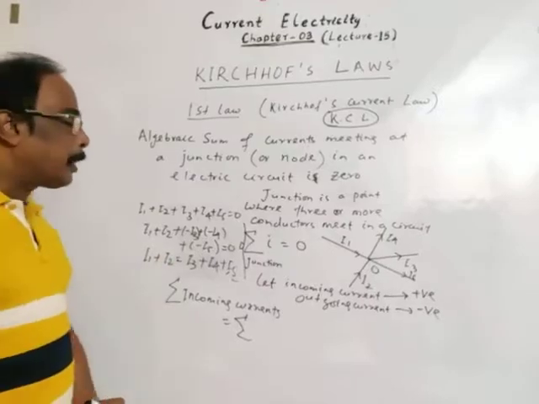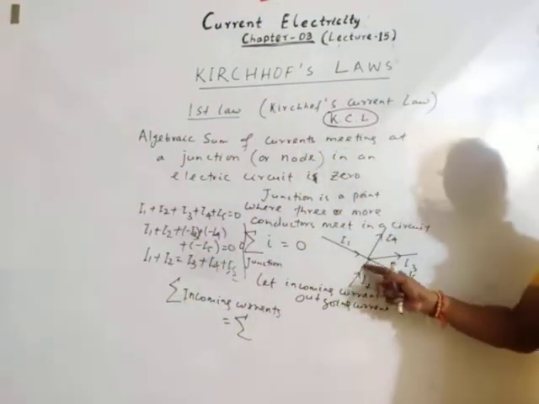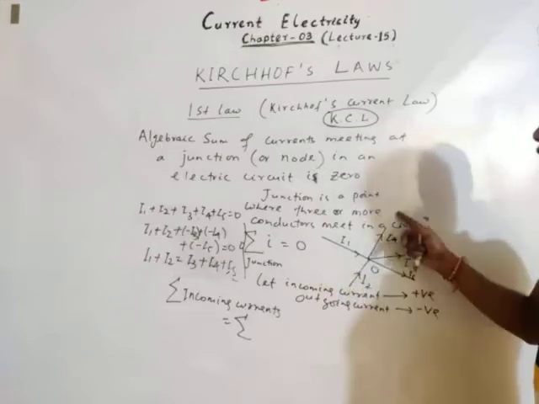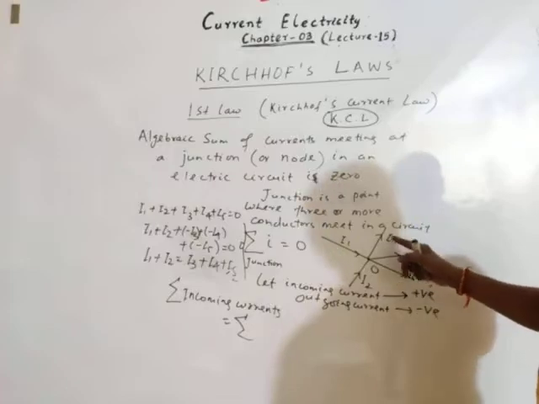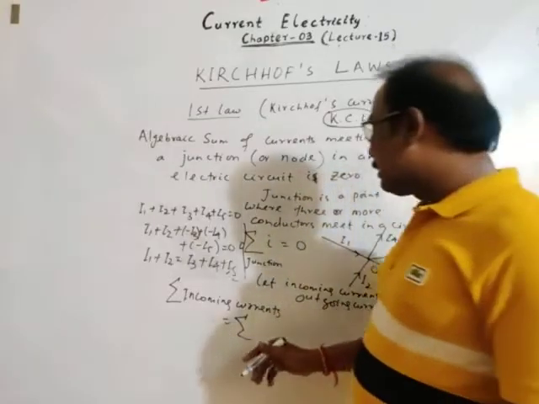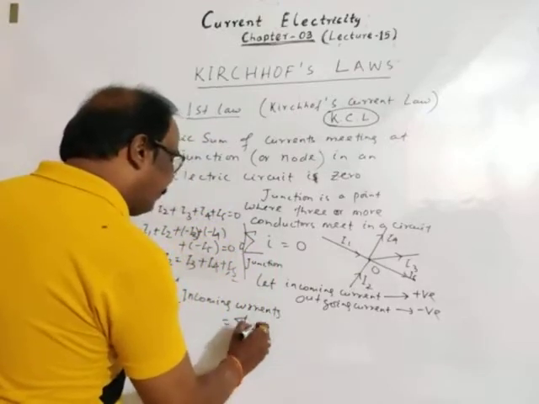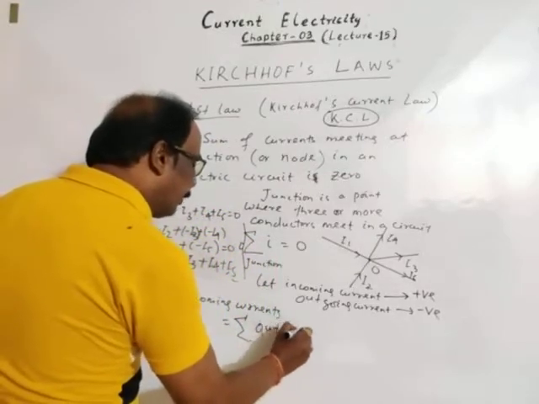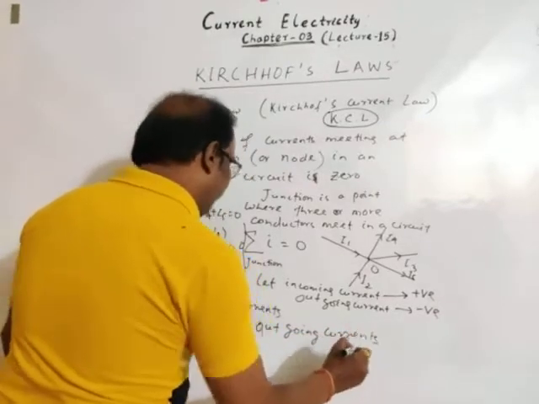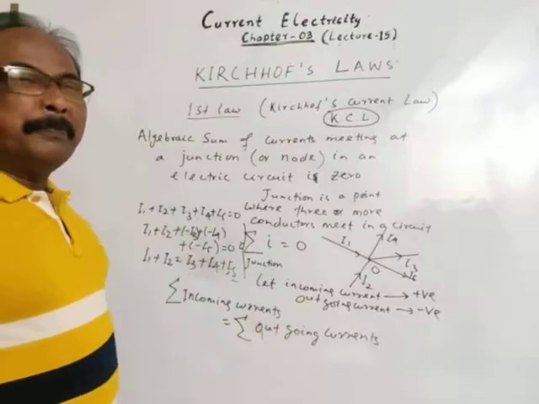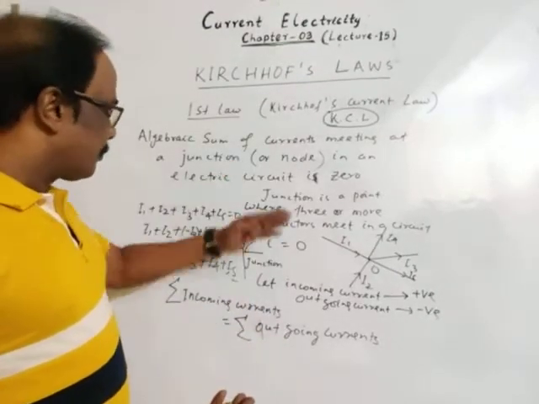So the sum of incoming currents I1 and I2, and the sum of outgoing currents I3 plus I4 plus I5, means the sum of incoming currents is equal to the sum of outgoing currents. This may also be taken as a statement of Kirchhoff's first law.